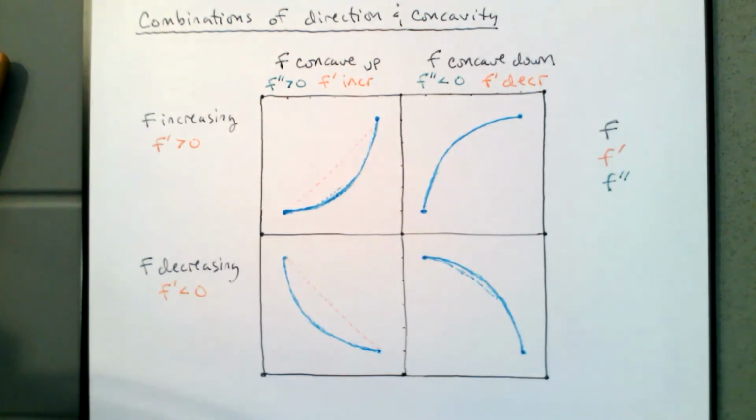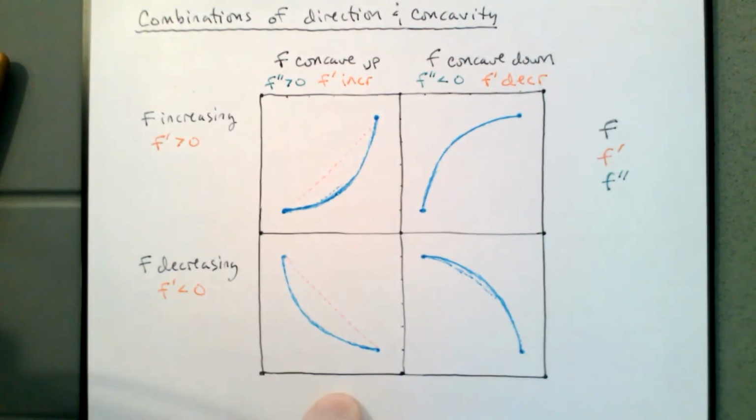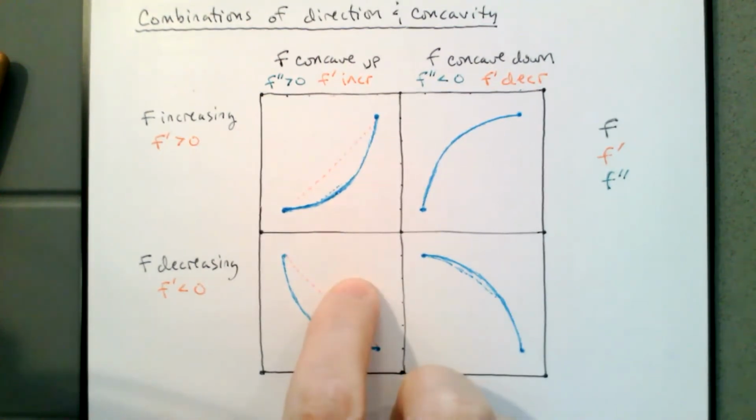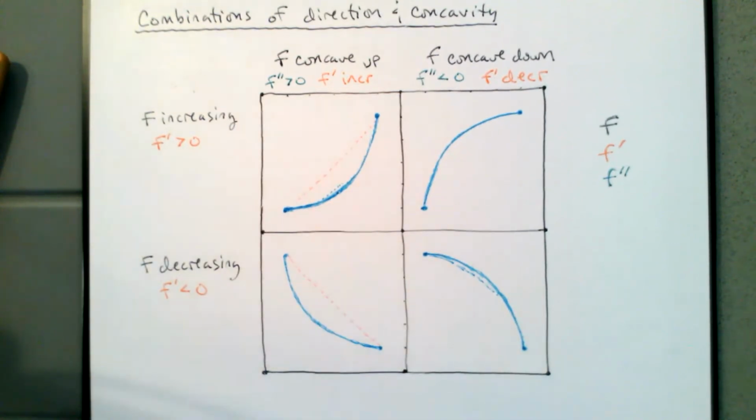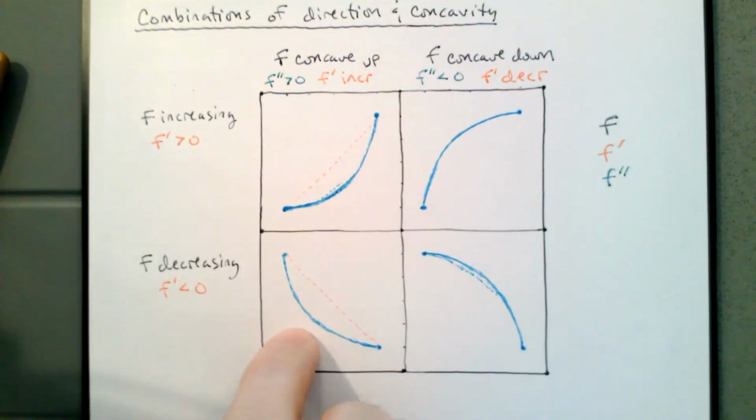No, F is concave up. In this square, F is concave up, and in this right square, F is concave down. Oh, right, not F double prime. F double prime is negative. F prime is increasing. F is concave up.